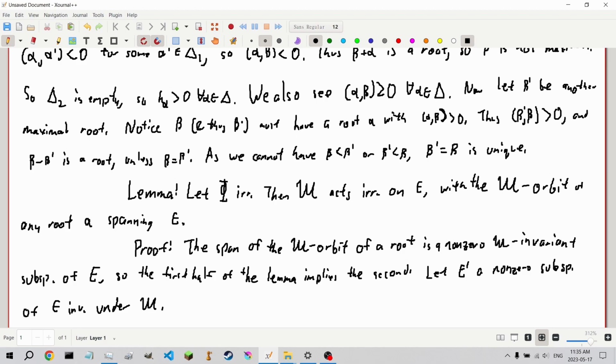And so now we want to show that the action of the Weyl group is irreducible, so we want to show that E prime is then all of E.